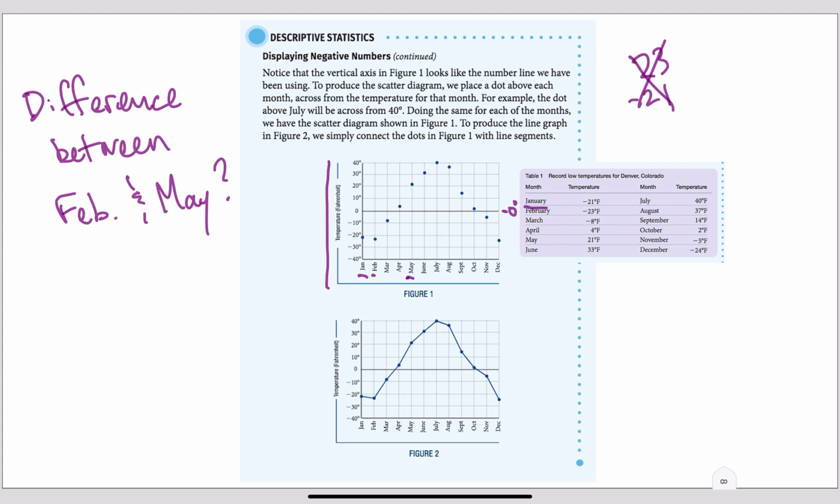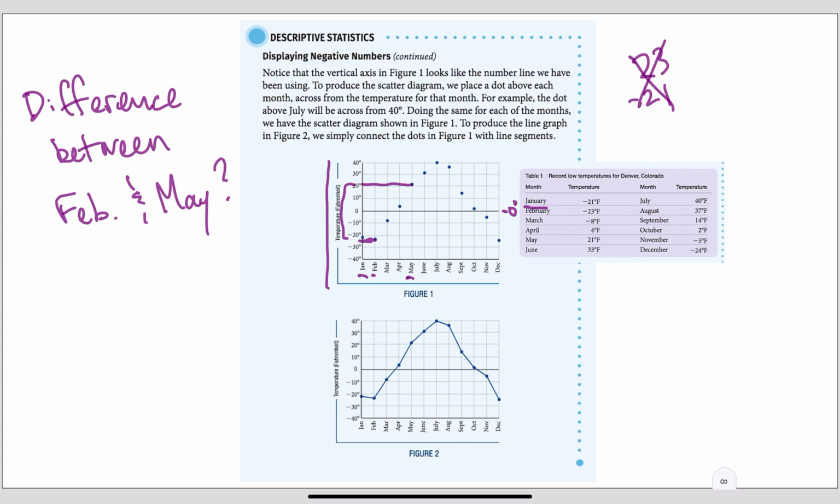I can see over here in February it's less than 20 degrees below zero, and in May it's closer to 20 degrees above zero. So what's the difference between 20 degrees above zero and 20 degrees below zero? That's a 40-point swing. That's a 40-degree difference from one temperature to the next. So whatever subtraction process we use has to preserve that relationship.